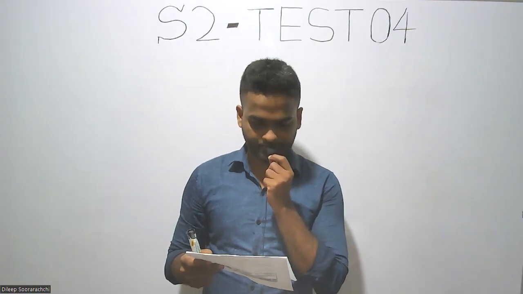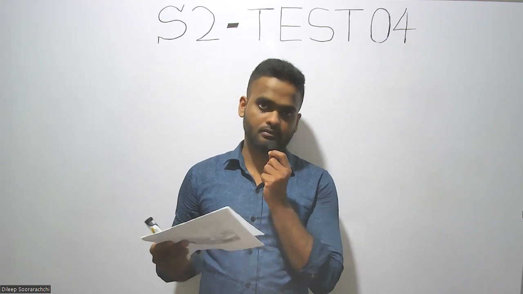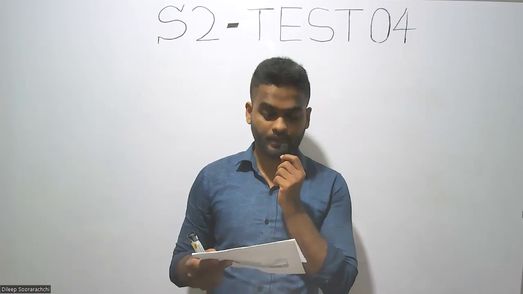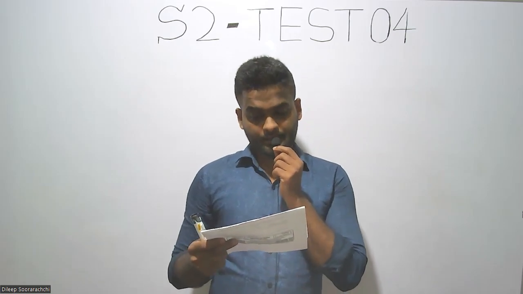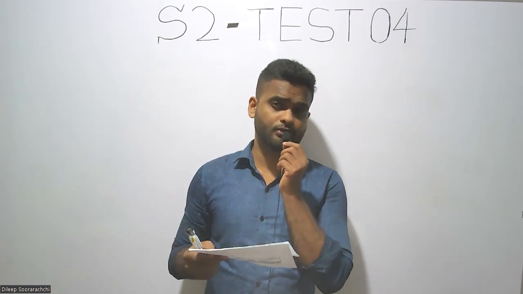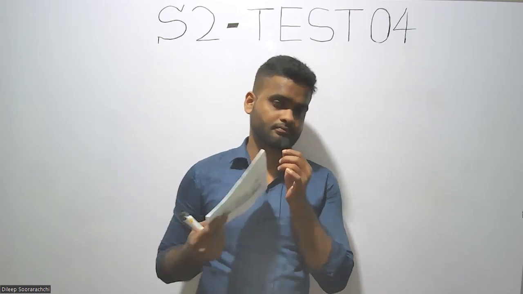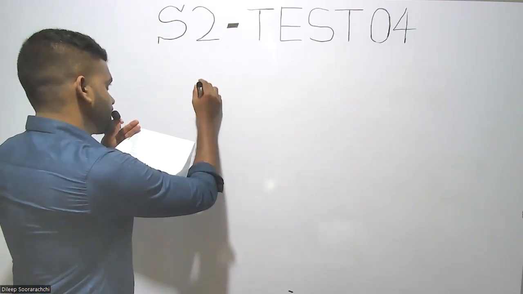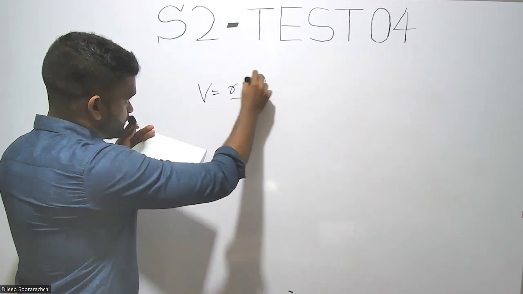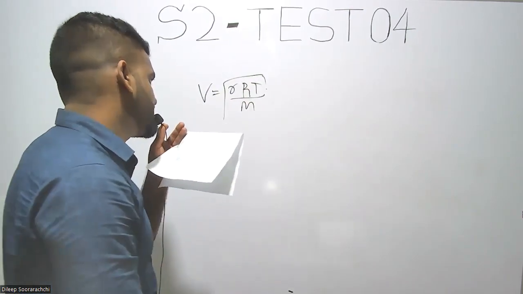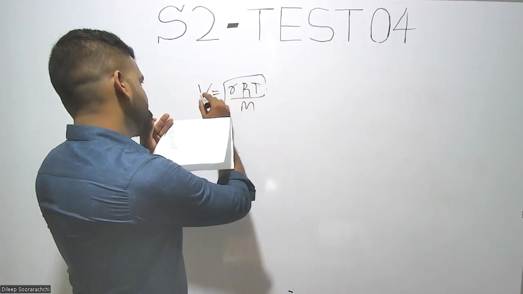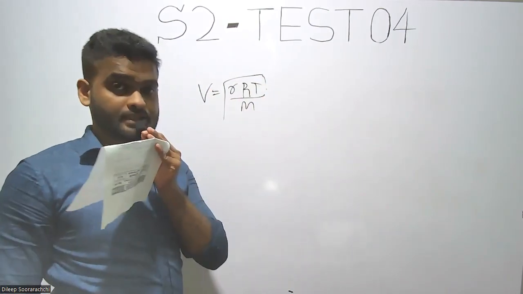So here you need to know the variation of sound velocity with temperature, pressure, like those stuff, right? If you know that sound velocity does not change with pressure, so this is the equation: root of gamma RT divided by capital M. So in this equation we don't have a term for pressure, meaning sound velocity cannot change with pressure.